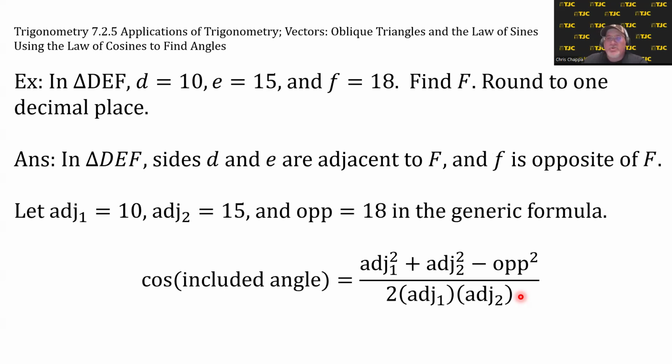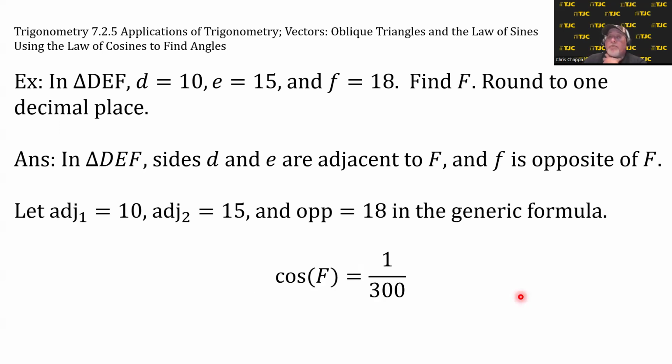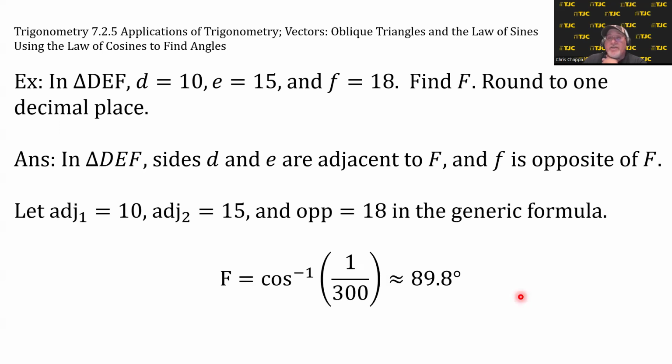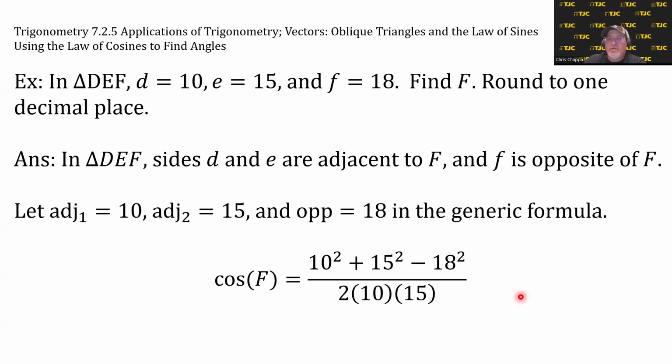And when we make those substitutions, we get this. Remember, we're finding cosine of angle F, or we're finding angle F. We can evaluate the numerator and denominator separately, and those ended up being 1 over 300. And then cosine inverse of that, we get about 89.8 degrees. So it's actually pretty straightforward once you get to this point.